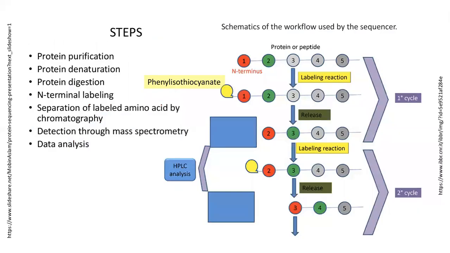This is a schematic workflow that is used in a sequencer for understanding the protein sequence. Everything starts with a sample. That means you need to have a purified protein sample. And once the sample is purified, if it is a really big protein, then you need to go for denaturation or digestion with appropriate methods.